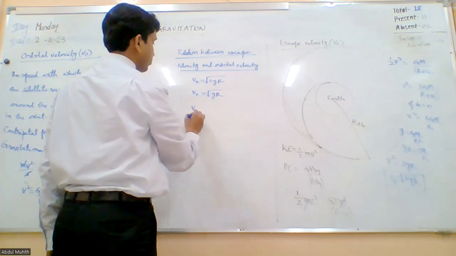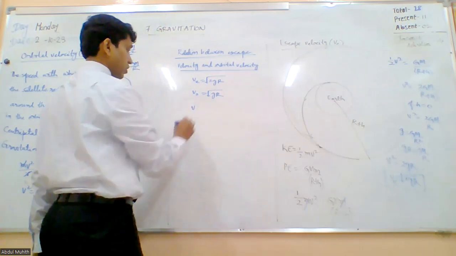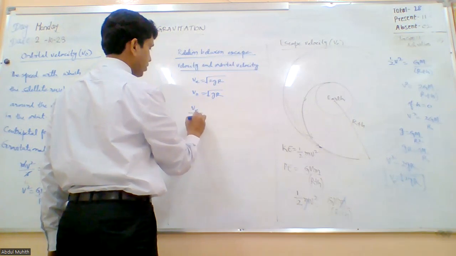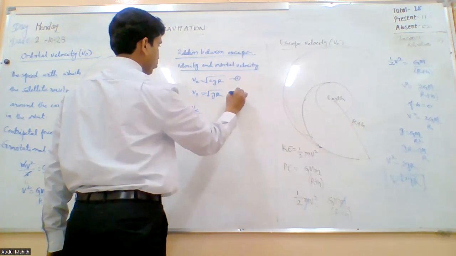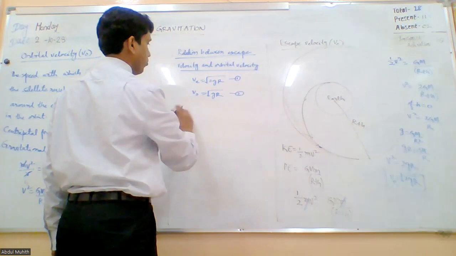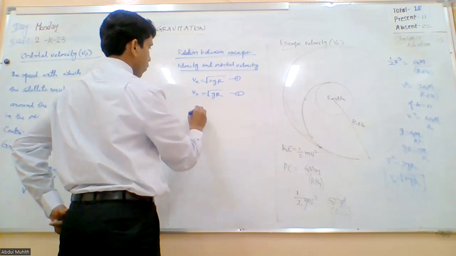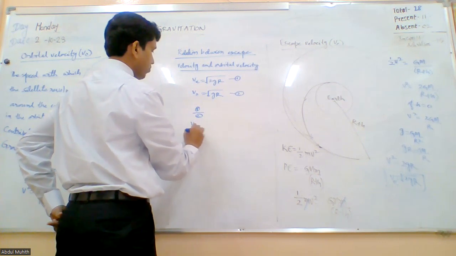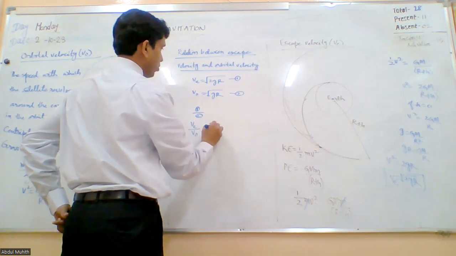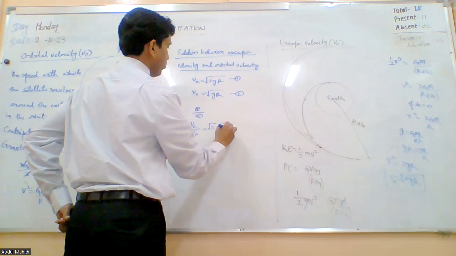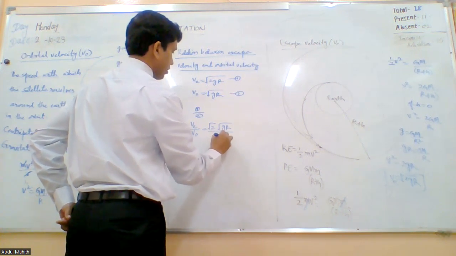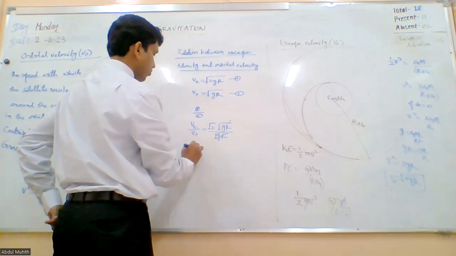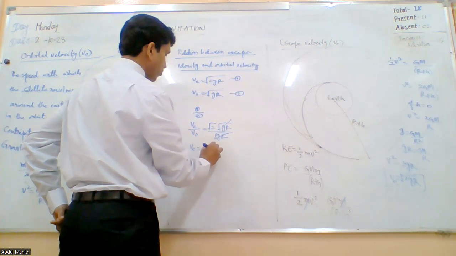So Ve by Vo, equation 1 upon equation 2, equals square root of 2 into square root of gr divided by root gr. So this and this will go away. Ve is equal to root 2 Vo.